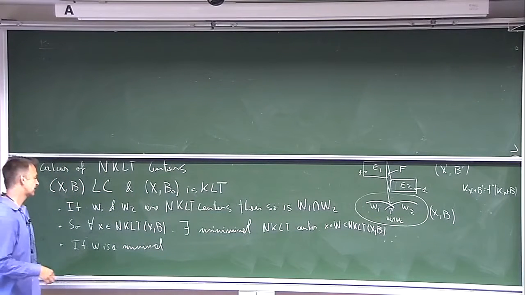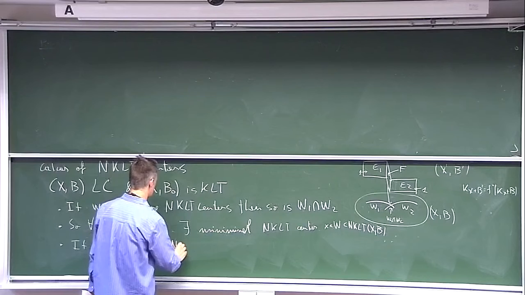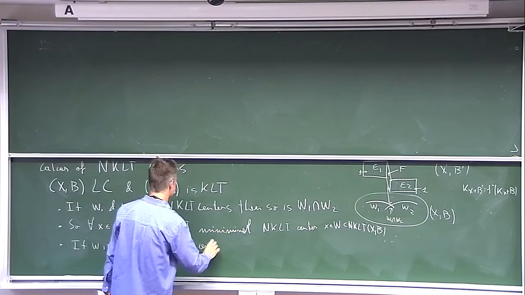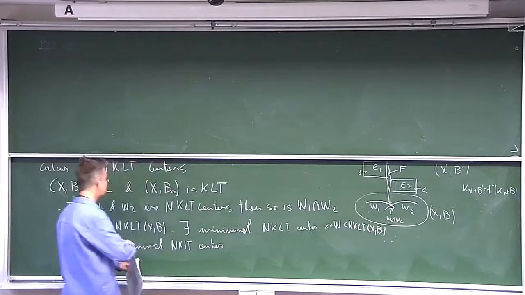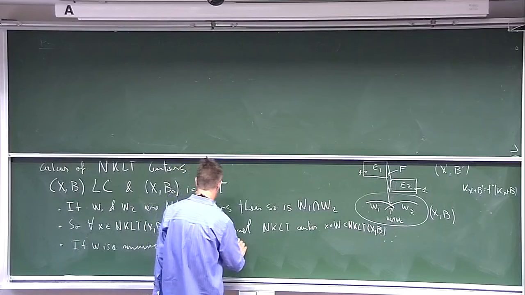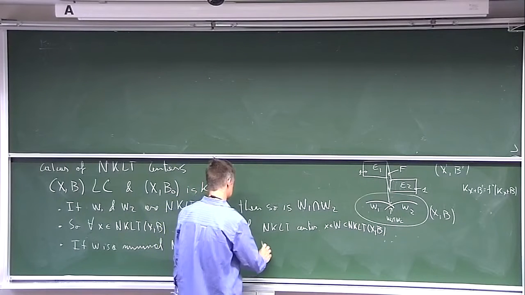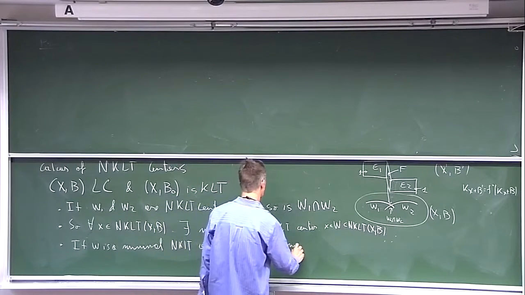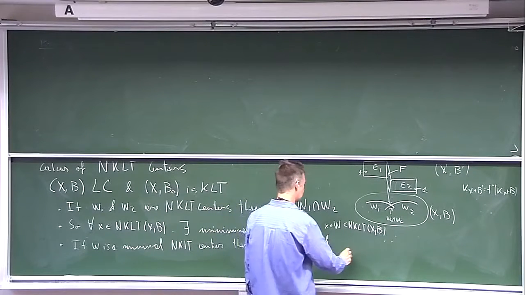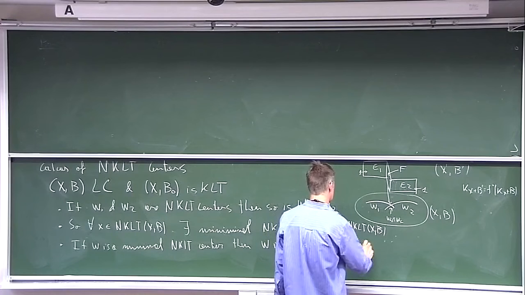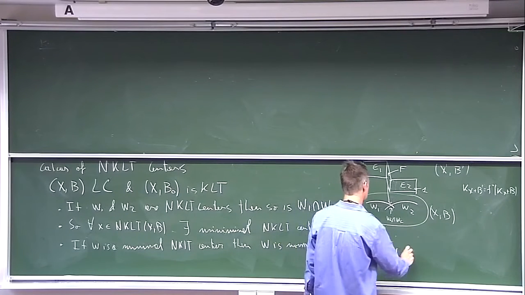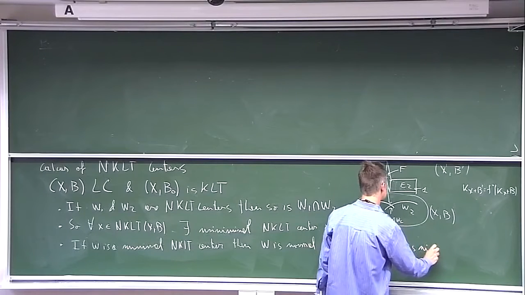If W is a minimal non-KLT center, let's say it's just minimal at each of its points, then W is normal, and K_X plus B restricted to W is nice. So there's some nice adjunction.